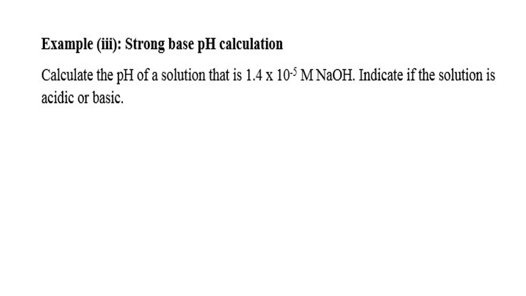Calculate the pH of a solution that is 1.4 times 10 to the power negative 5 molar sodium hydroxide. You need to show if this solution is basic or acidic. Here we need to take note that we are given a base. We are not given an acid.